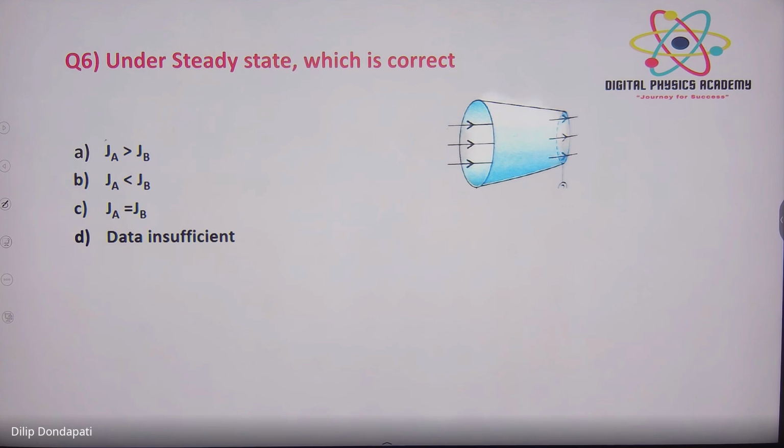Okay. Now tell me. Under steady state, meaning the current is constant, which one is correct?